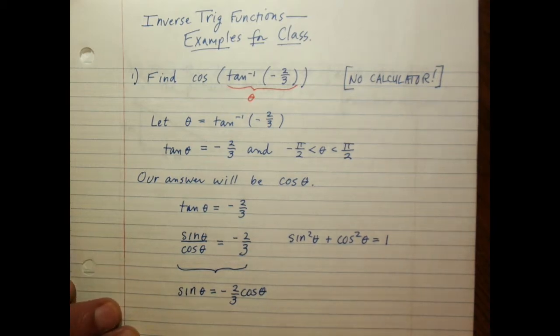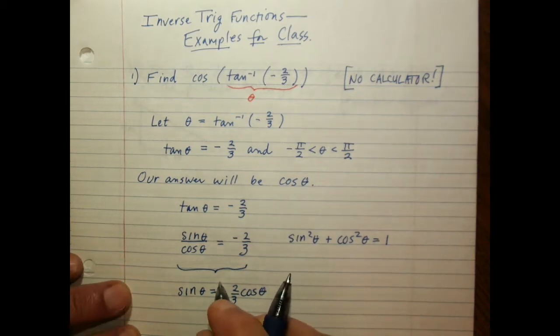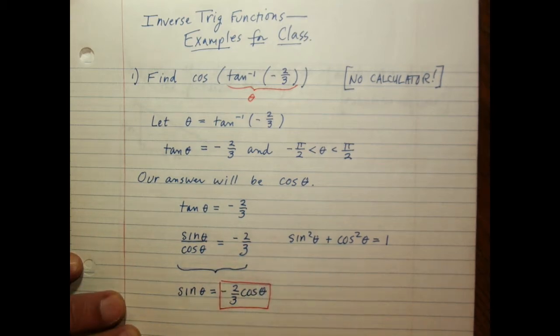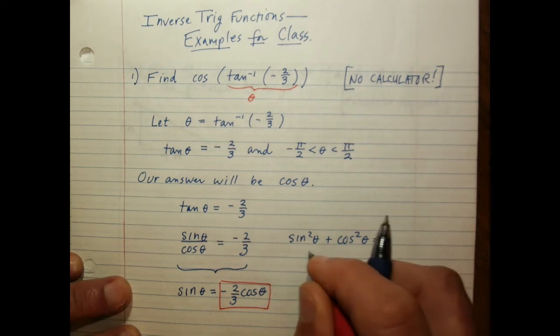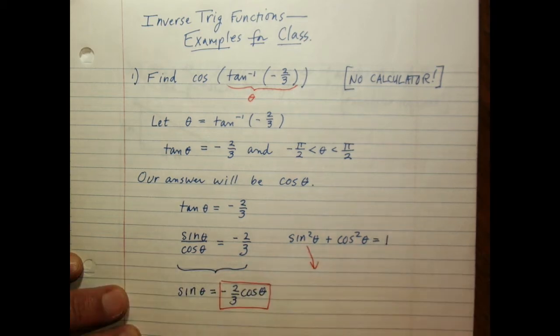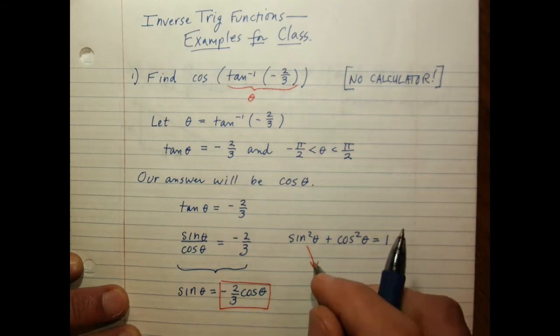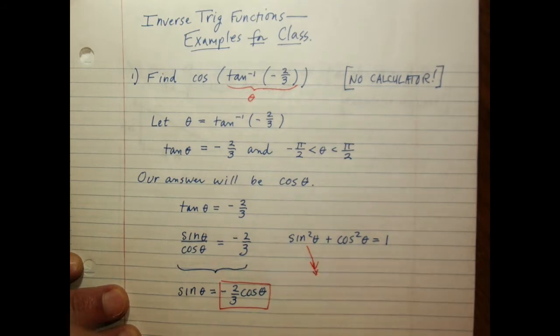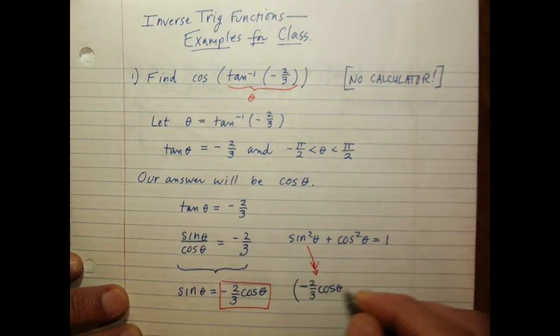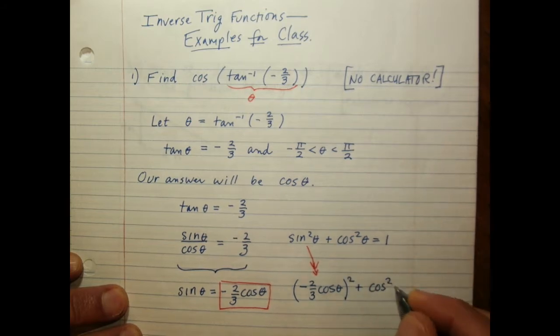That is going to allow me to make a substitution in my Pythagorean equation where I can replace sine theta with negative 2/3 cosine theta. Negative 2/3 cosine theta squared plus cosine squared theta is equal to 1.